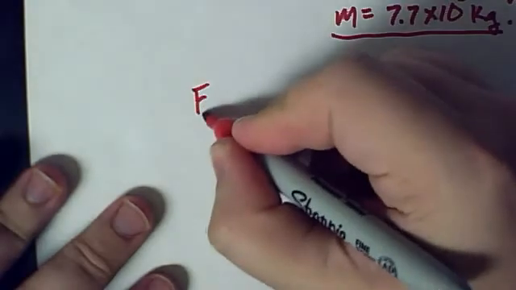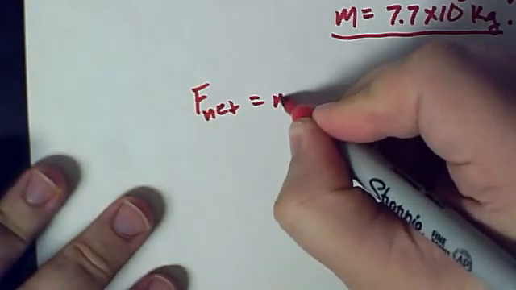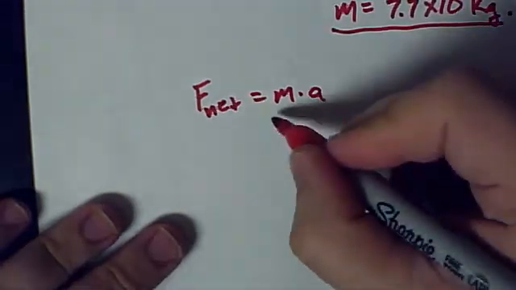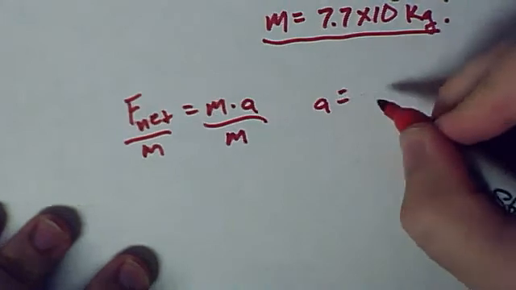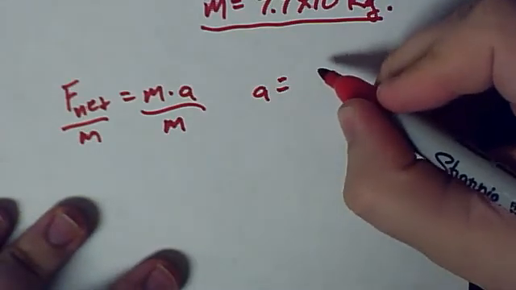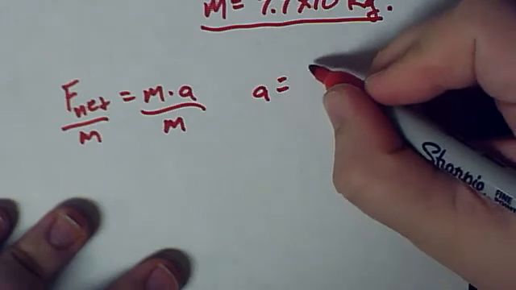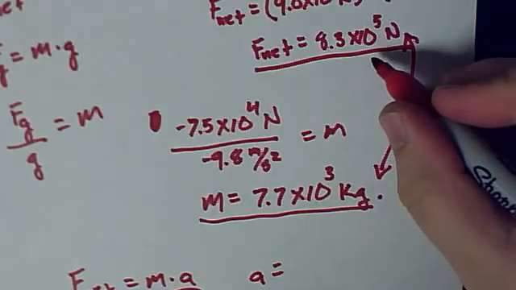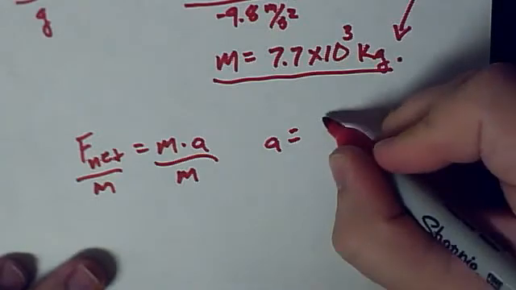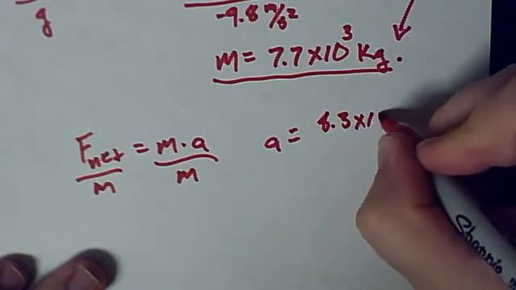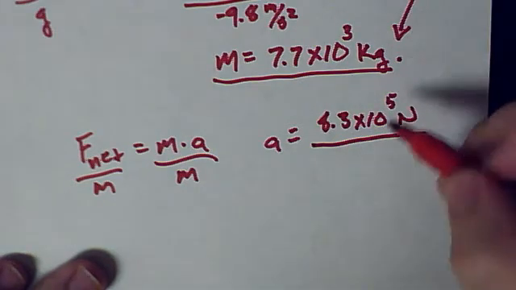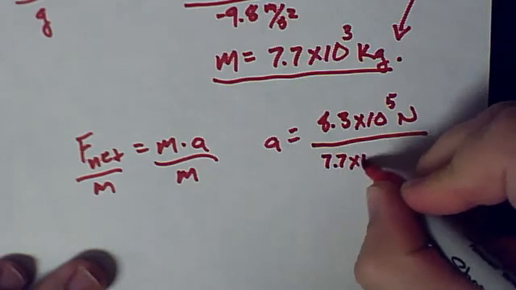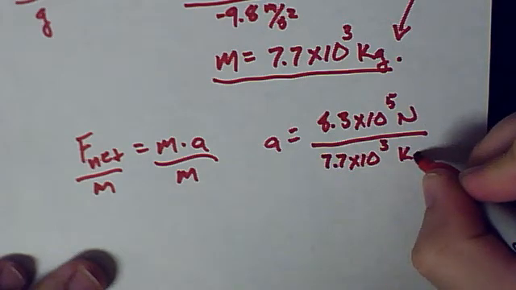So now I can use my F net equals mass times acceleration, divide both sides by mass, so my acceleration is my net force, which was 8.3 times 10 to the 5th newtons divided by my mass of 7.7 times 10 to the 3rd kilograms.